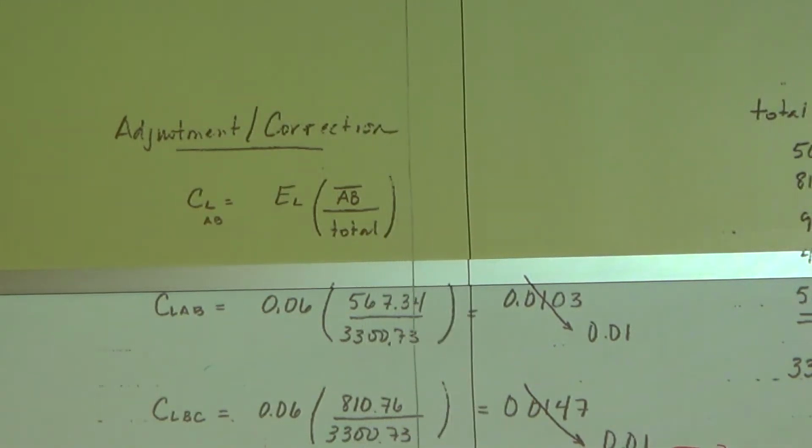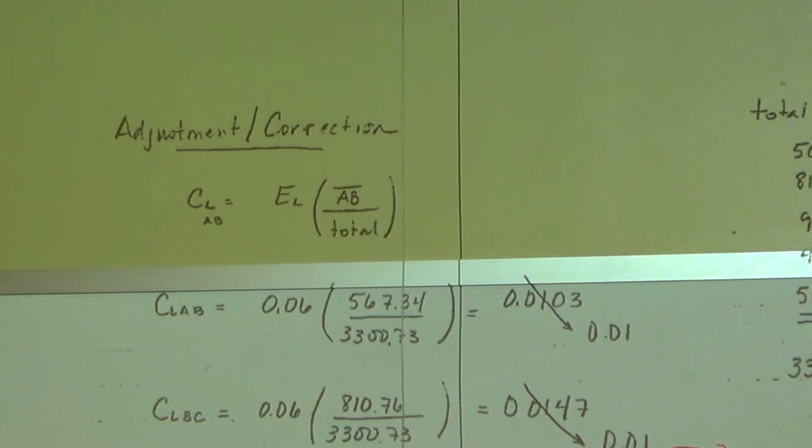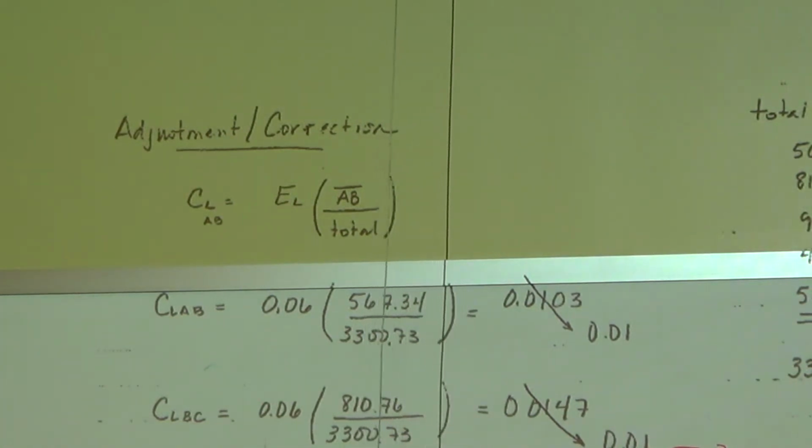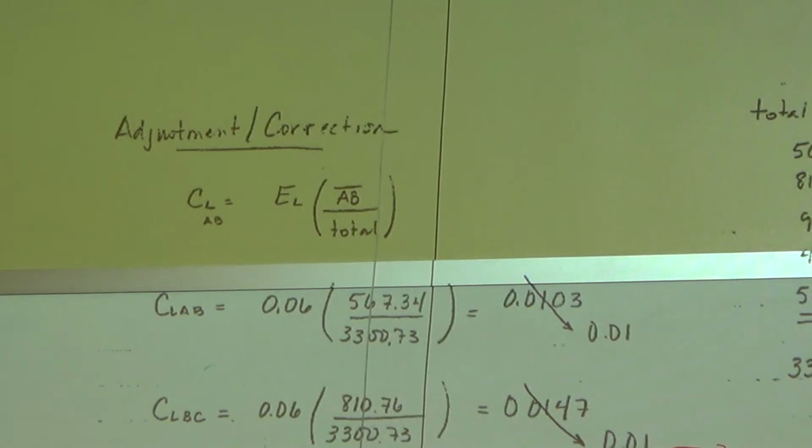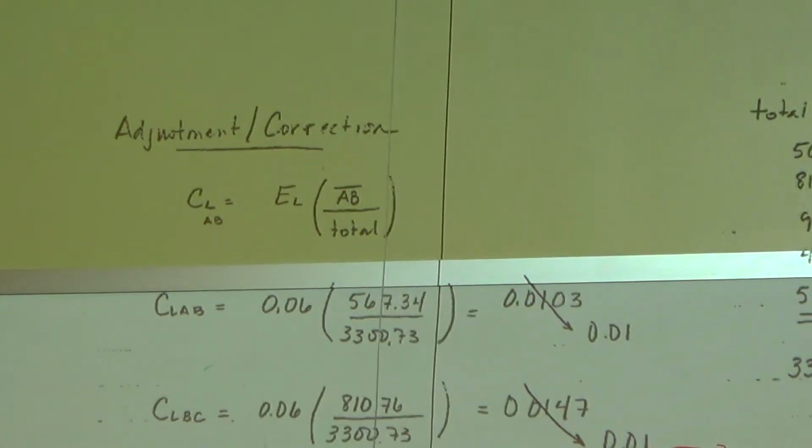And then let's just do one down here where there's more room. So this would be the error in departure times line DE divided by the total. So which ones do we apply a correction to? BC and CD, right?